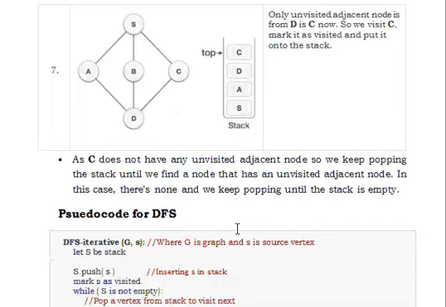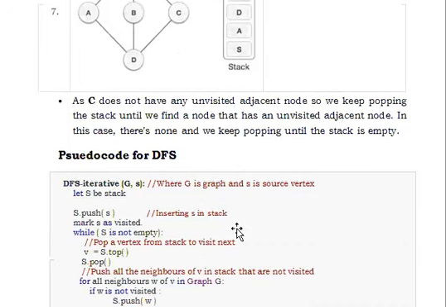So this is one of the procedures for knowing the way to follow the depth first search algorithm.